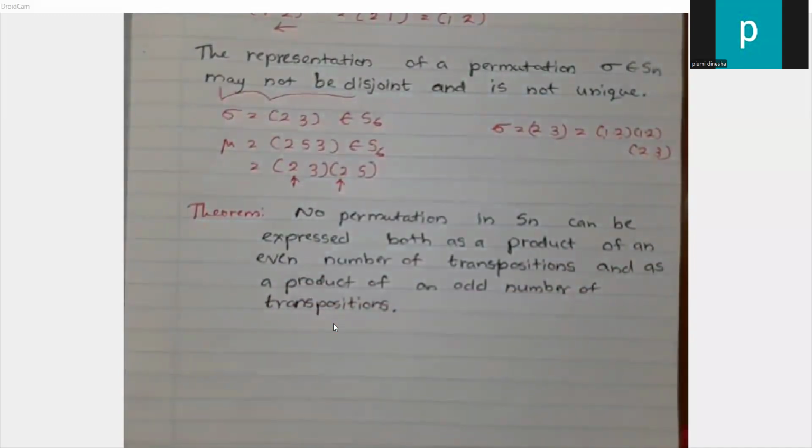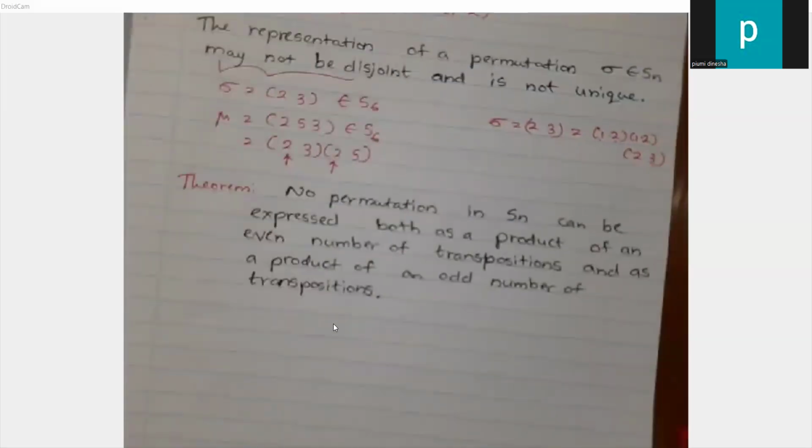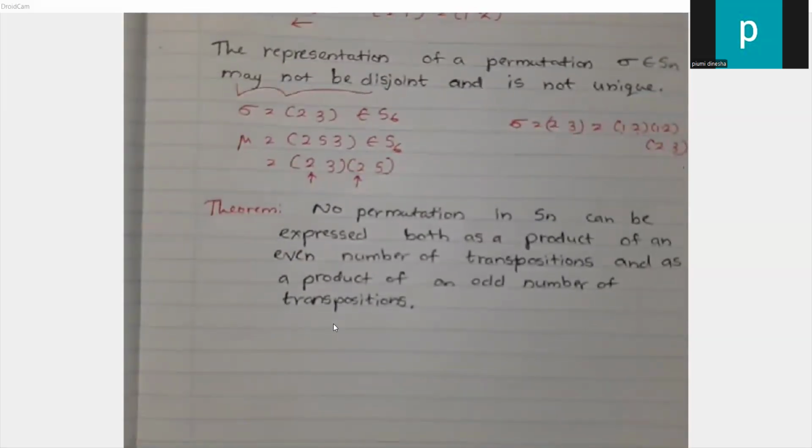Now, take any permutation in Sn, right? You can express it using a product of transpositions. It's either going to be an even number of transpositions or an odd number of transpositions, never both.